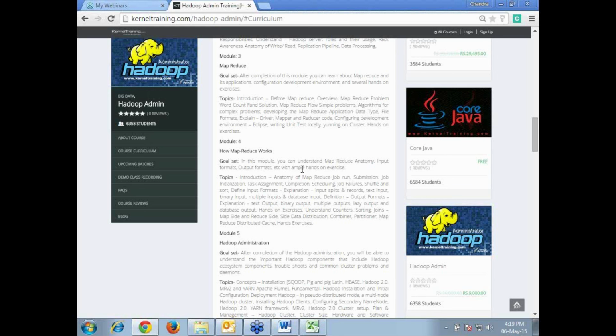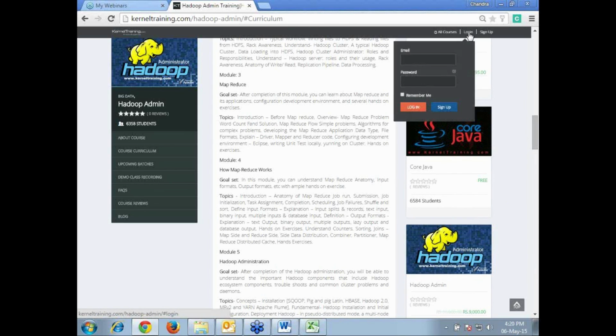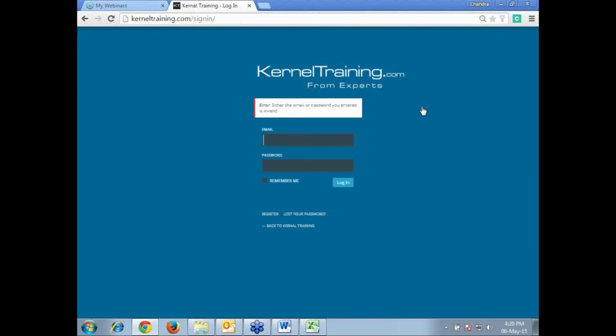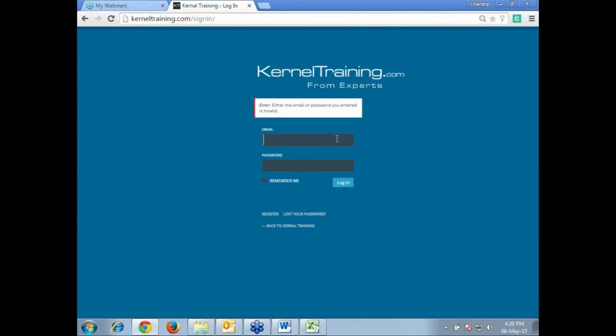Another thing I wanted to help with: people who enroll by paying the amount will get a login ID and password. For example, I have a login ID. Let me log in. The registered students will get a user ID and password.